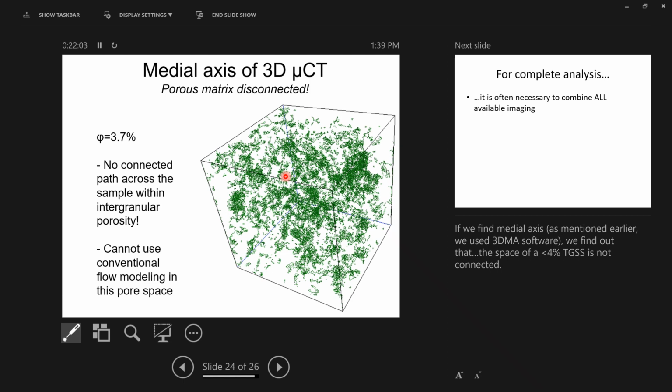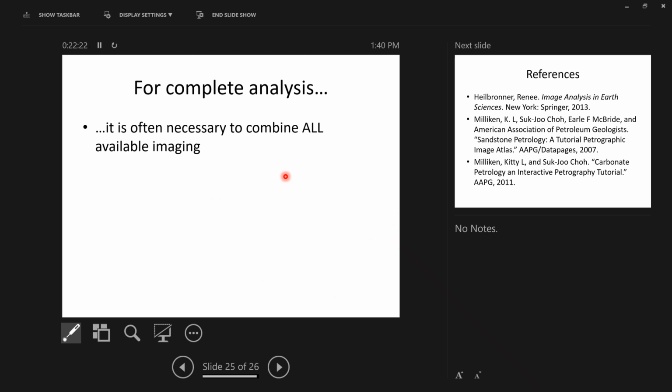So those are certain limitations when you go to unconventionals or any kind of media that has a wide range of pore spaces that your single resolution cannot always capture. So that's something to work with. For complete analysis, you kind of have to go back and forth.